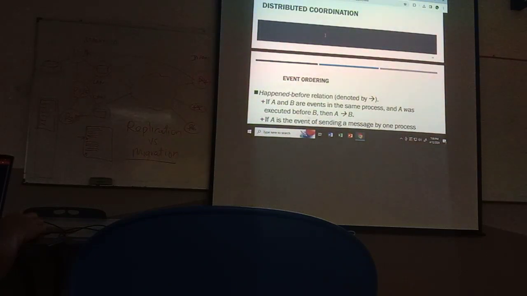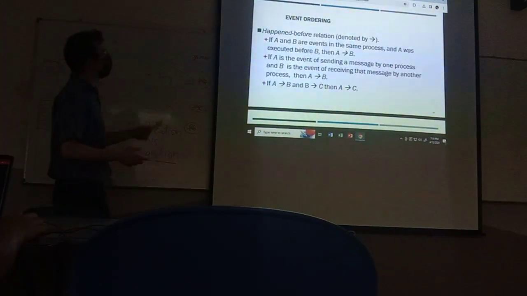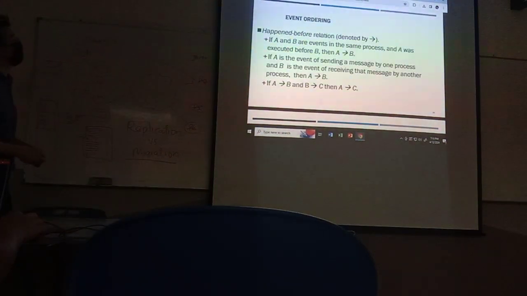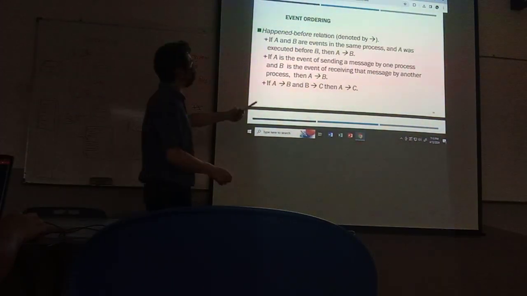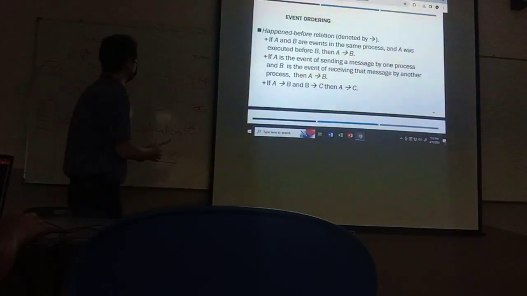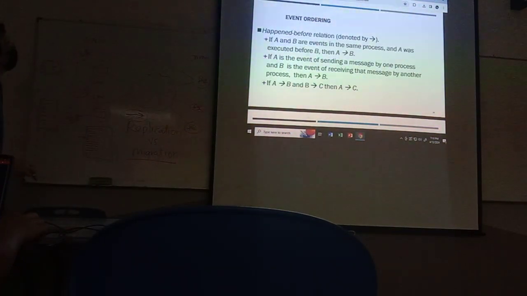That will depend on the ordering of events, right? Which one happened first, which one happened later? So we have some kind of notation that is used. Here the slide is telling you that the notation we use is this kind of arrow. That arrow indicates which event happens first and which happens later.